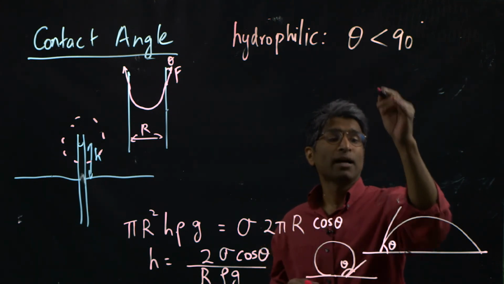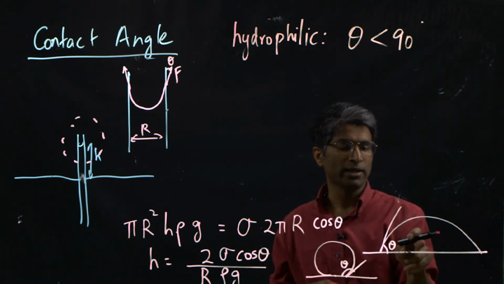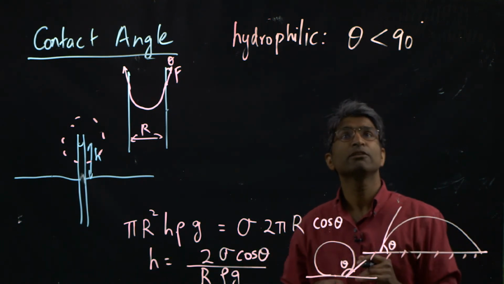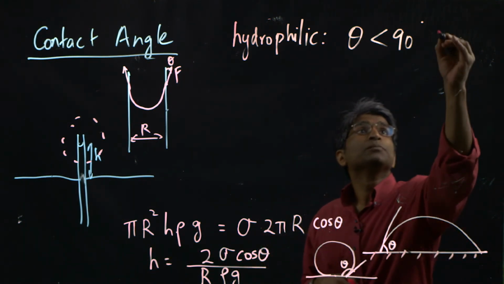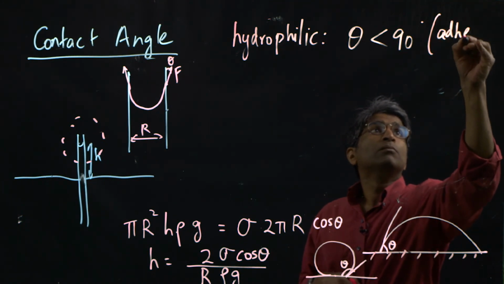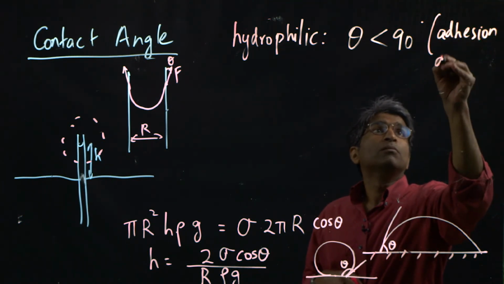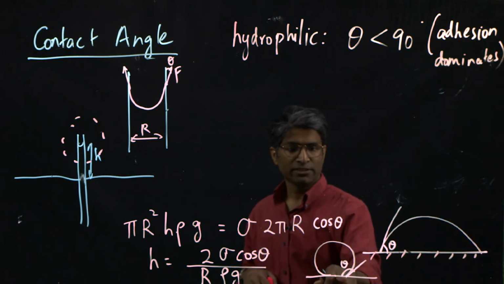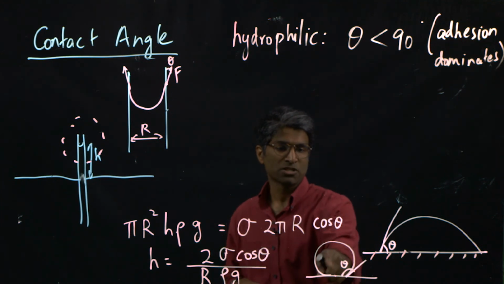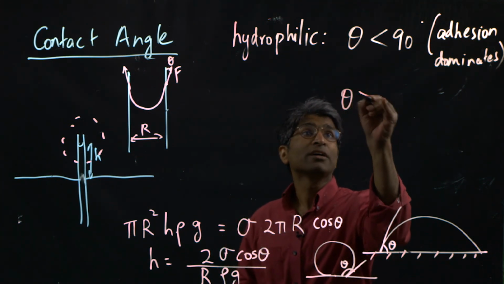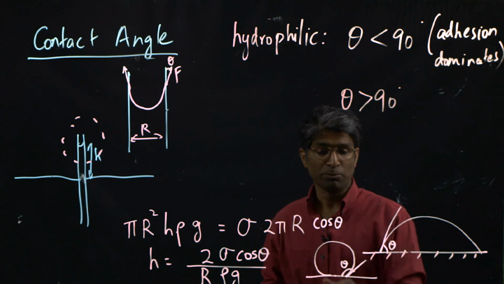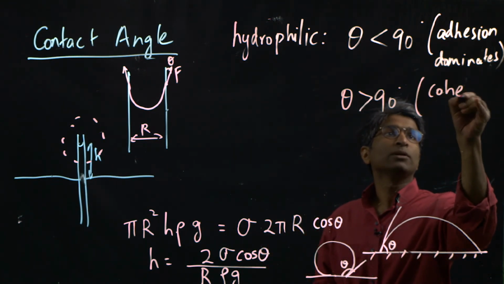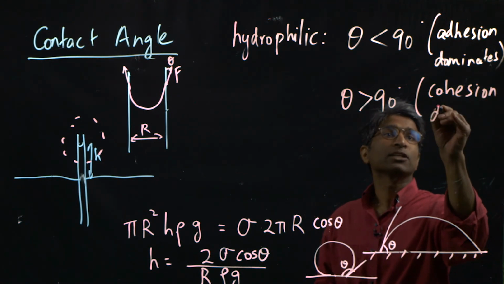That means that adhesive interactions between the liquid and the surface are dominant because the liquid is trying to spread itself. And when the angle is greater than 90, like here, it's clear that the liquid wants nothing to do with the surface, and it's trying to bunch itself up to minimize the area of interaction. That's when cohesive interactions dominate.